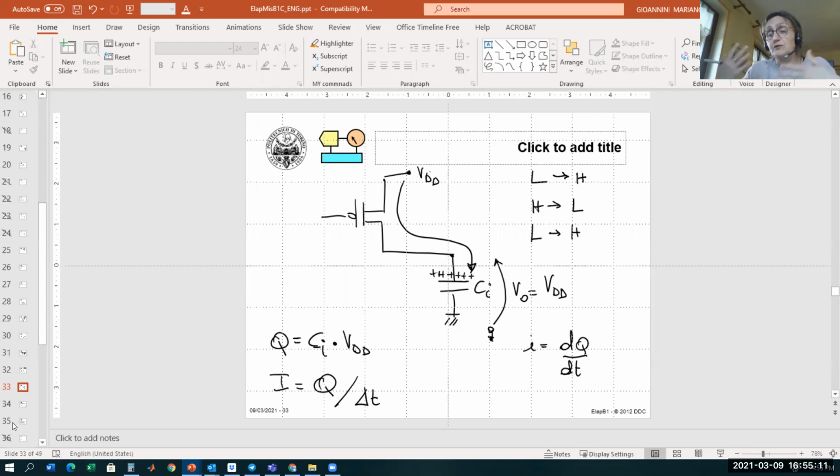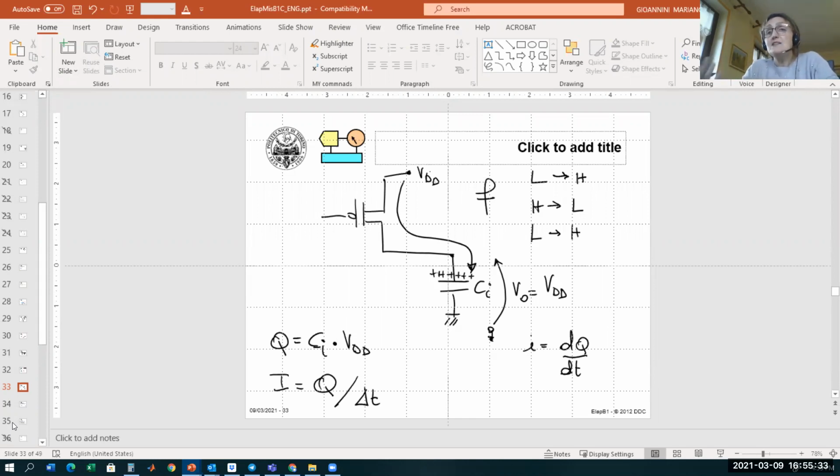The speed of the switching is the frequency, the speed of my circuit, in the sense that I switch with a rate that I indicate with F from low to high, then from high to low, from low to high, and so on and so forth.